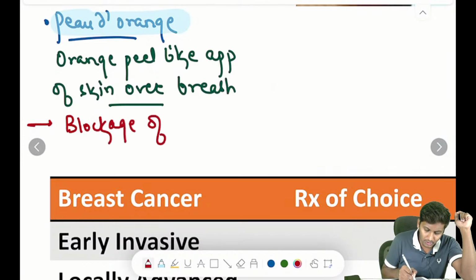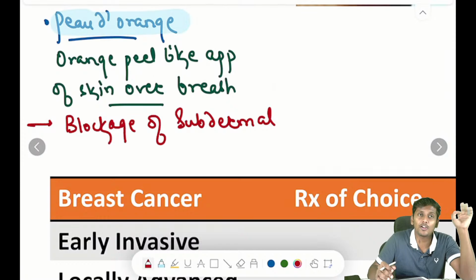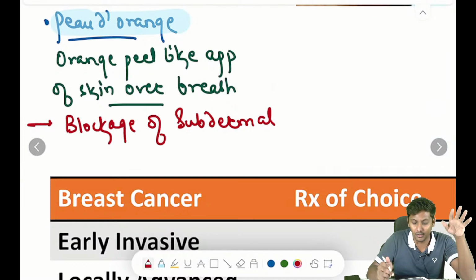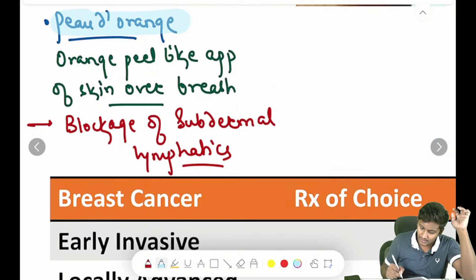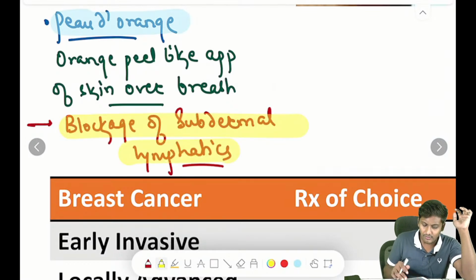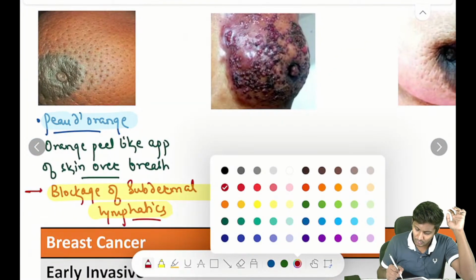Please remember another option was confusing: dermal or cutaneous lymphatics. It is not due to dermal or cutaneous lymphatics. It is due to subdermal or subcutaneous lymphatics blocked by the breast cancer.